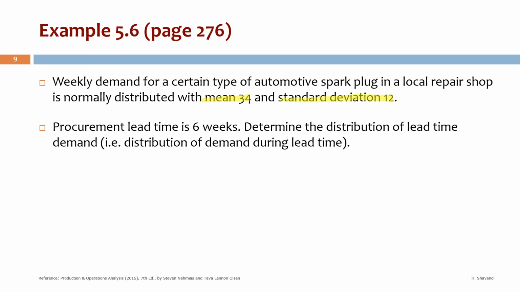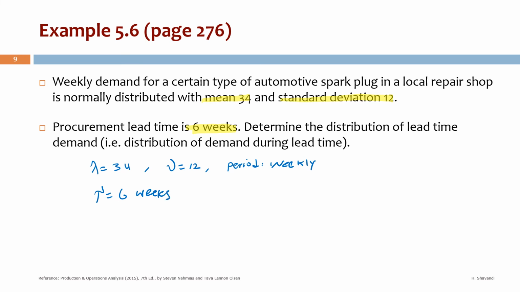So here the lambda is 34 and the nu is 12, and our base period is weekly. The procurement lead time is 6 weeks, so the tau here is 6 based on weeks.